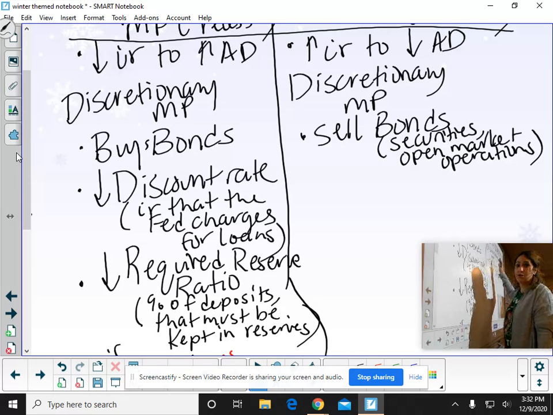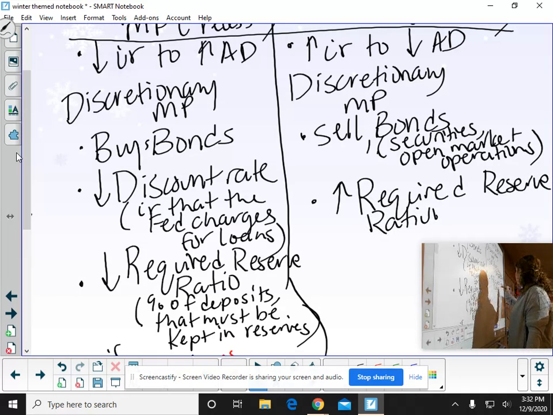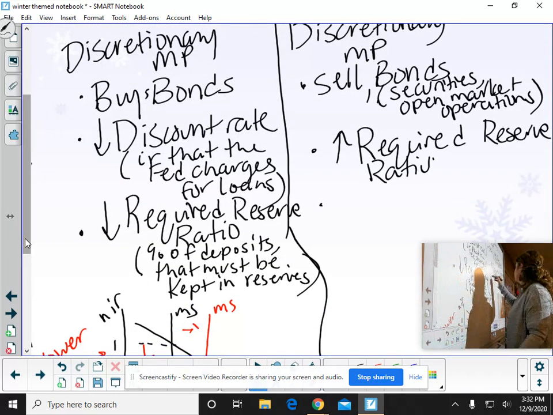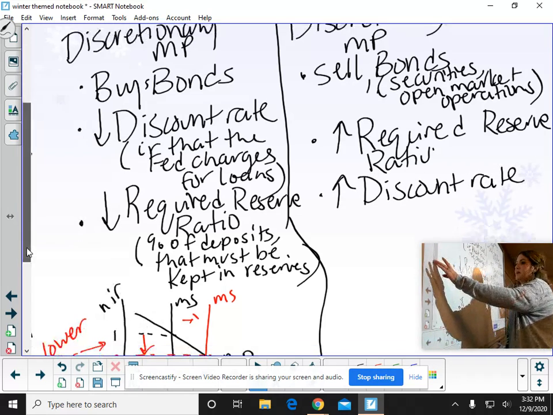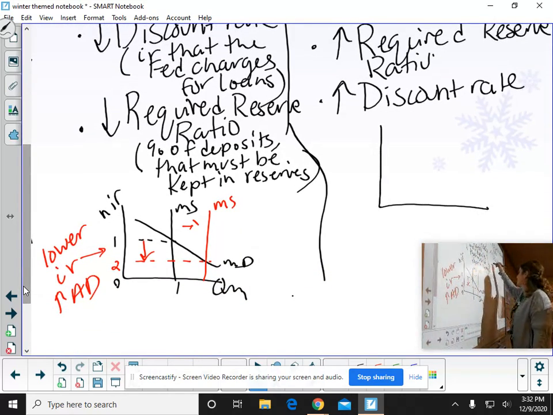If we're trying to contract the economy, they're going to sell bonds. Or they could raise the required reserve ratio. Or the Federal Reserve is going to increase the discount rate. Either of these tools is going to decrease money supply.